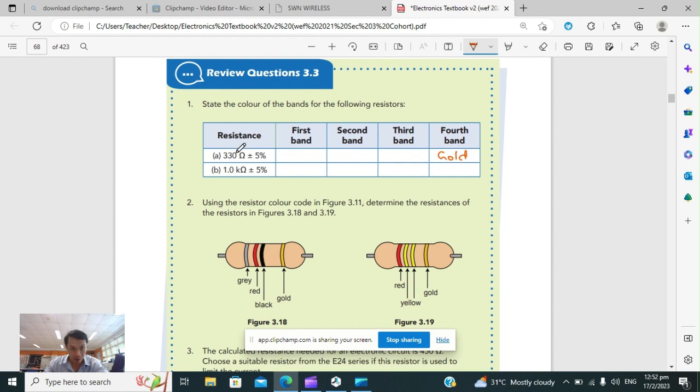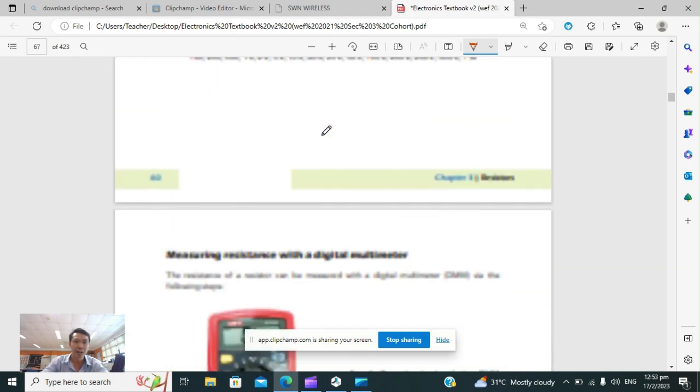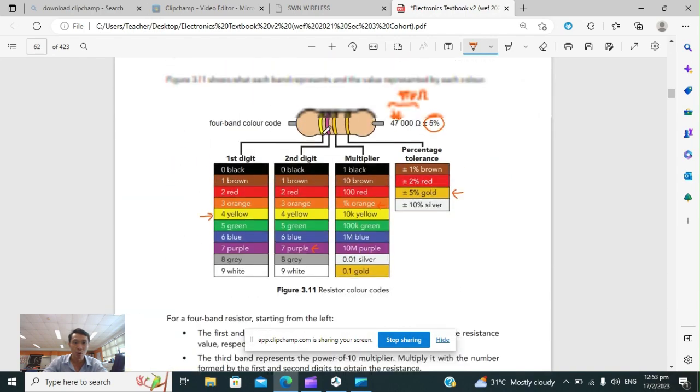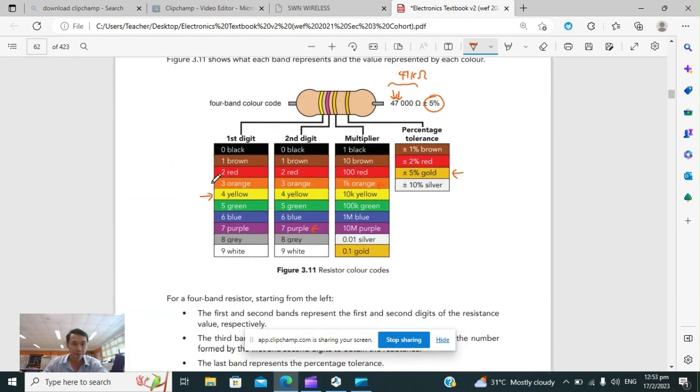Now I look for 330. So I go back to my color code table. Remember 330. I'm looking at 3 orange, 3 orange, times 10. So it's 33 times 10 to give me 330. 33 times 10 will give me 330 ohms.